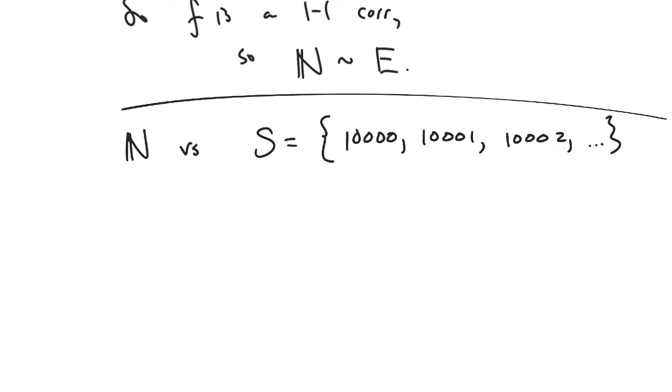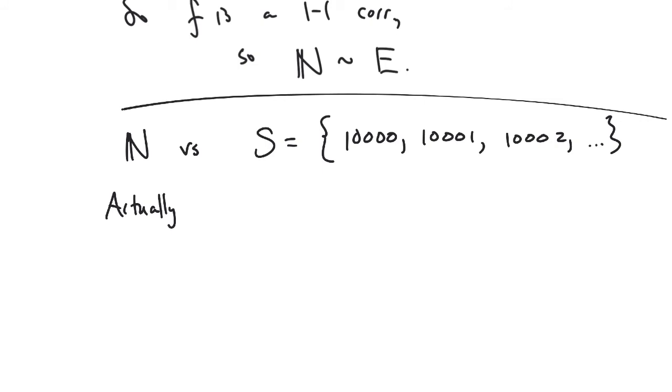Can you make a bijection from one of these sets to the other to demonstrate they have the same cardinality? Actually, they do have the same cardinality, even though S is the same as N but missing the first 10,000 elements, or maybe 9999.